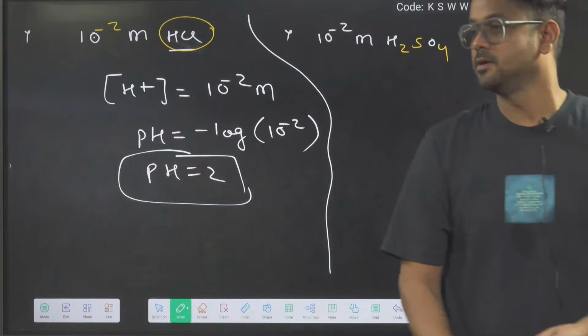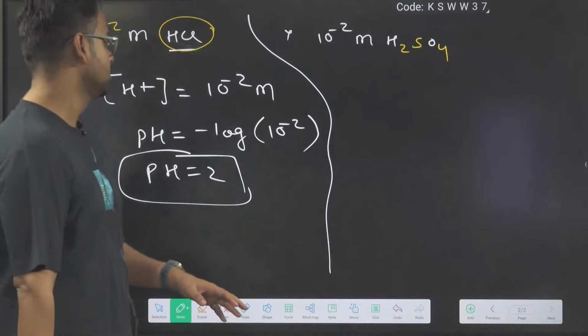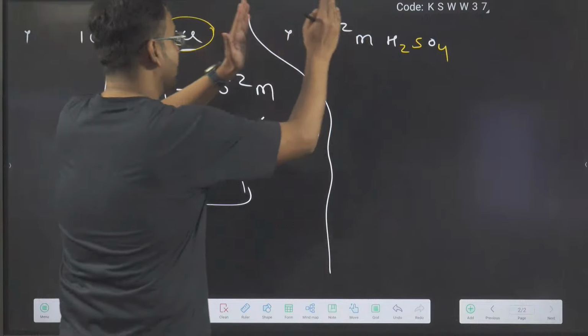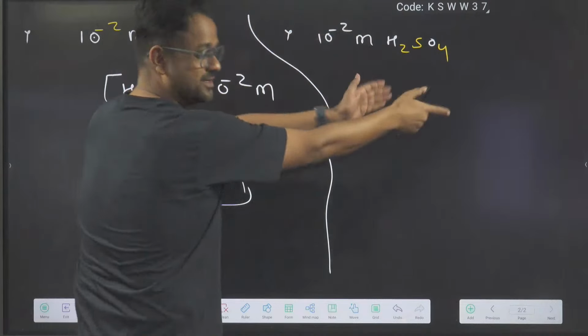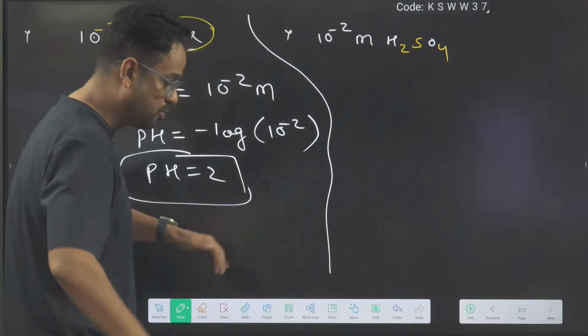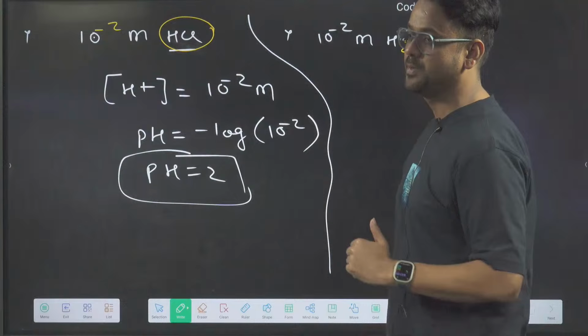Yes, boys and girls. pH equal to 4 is completely wrong. It will not be 4, beta. 10 to the power minus 2 molar H2SO4 would be more acidic than HCl. H2SO4 is a diprotic acid, so if this answer was 2 for HCl, more acidic means less pH. Do you know that? More acidic means less pH.